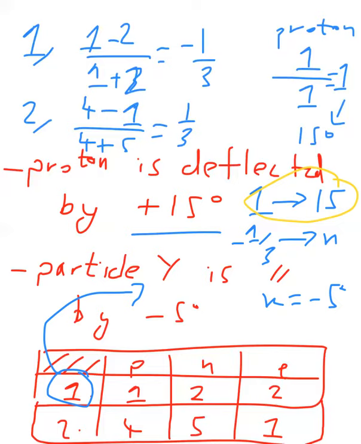Now we made another ratio, and then using the unitary method, we found the deflection of particle 1 and particle 2. For particle 2, the deflection came as +5 degrees. For particle 1, the deflection came as -5 degrees. The given particle Y had a deflection of -5 degrees, and particle 1 was getting a deflection of -5 degrees. So particle 1 is our answer.